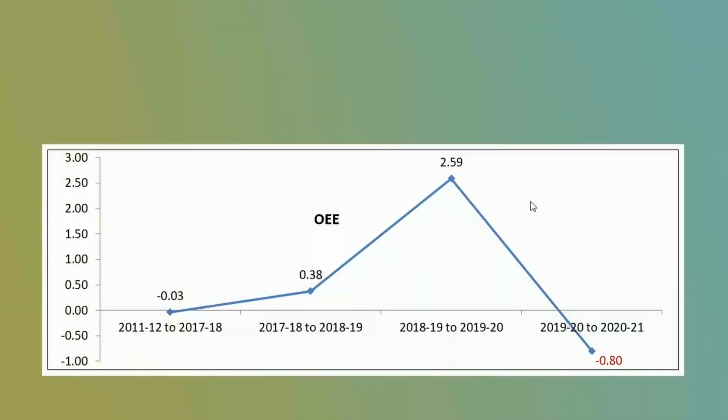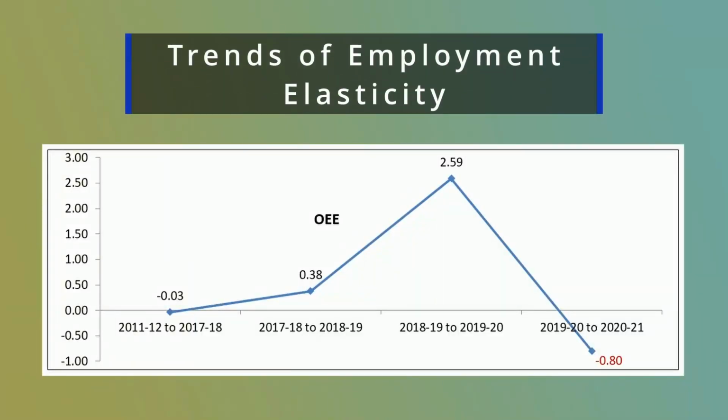This diagram shows the trend of employment elasticity of output, or output elasticity of employment, for the next 1 decade, that is starting from 2011-12 to 2020-21. And the nature of growth of Indian economy is also quite similar in the next period, that is 2011-12 to 2020-21.